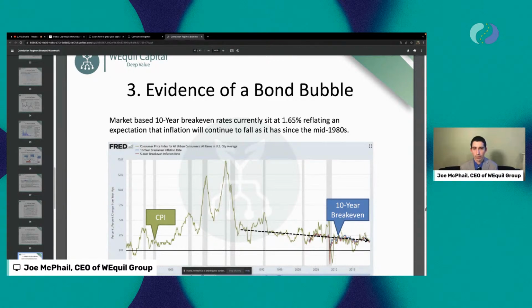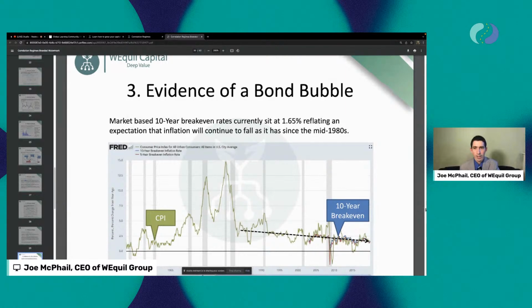This appears to be the beginning of the recognition that bonds have been in a bubble for quite some time, with negative yielding bonds being a totally new phenomenon that didn't exist for 5,000 years until after the financial crisis. That's how we're viewing that market right now. Let's go ahead and take a look at evidence of this bond bubble.